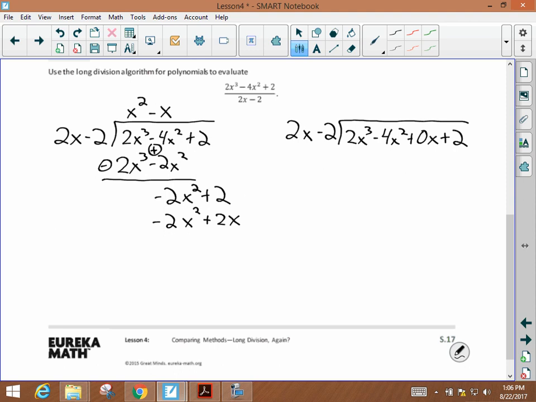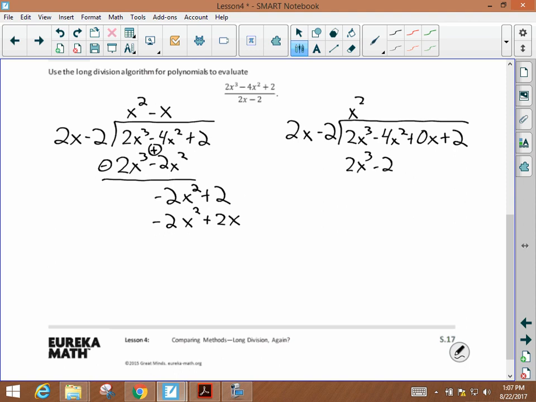If I have x squared minus 2 as my divisor, I'm going to have to put in a placeholder for that x value. So there would be x squared plus 0x minus 2. It works much better when you put the placeholders in there. So I'm going to just go ahead and go through. We've already got this part done.